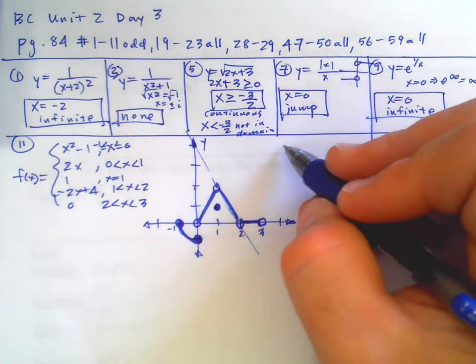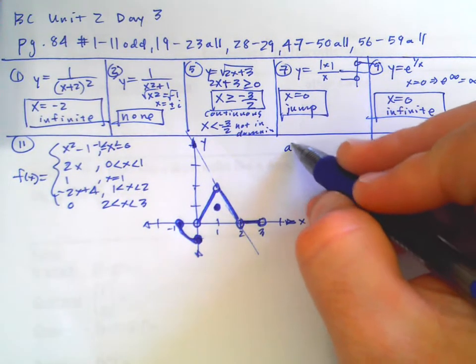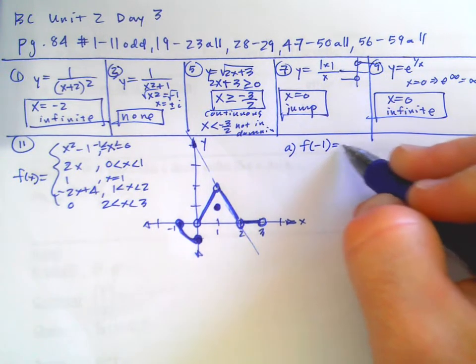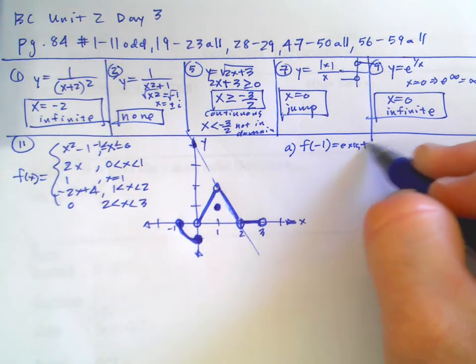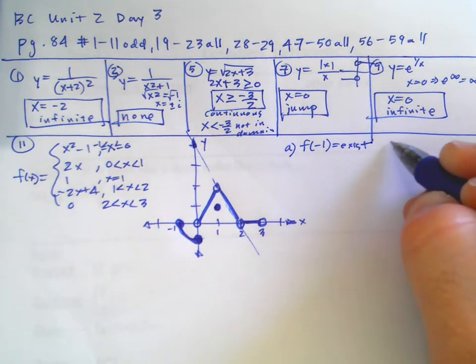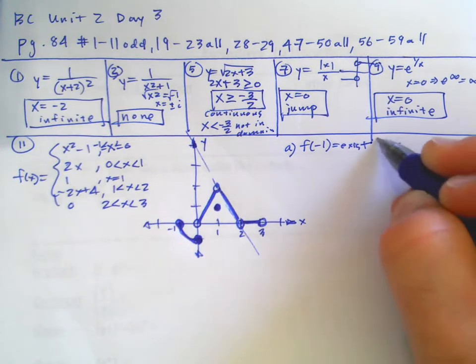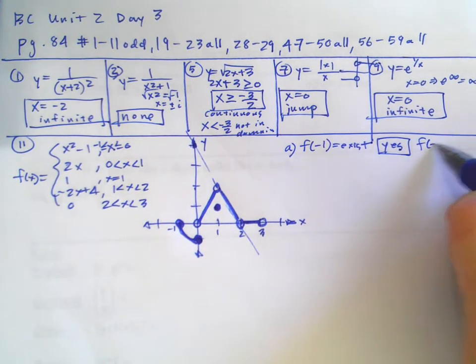Question A says, does f of -1 exist? Yes, it exists. The value of the function, f of -1, is 0.